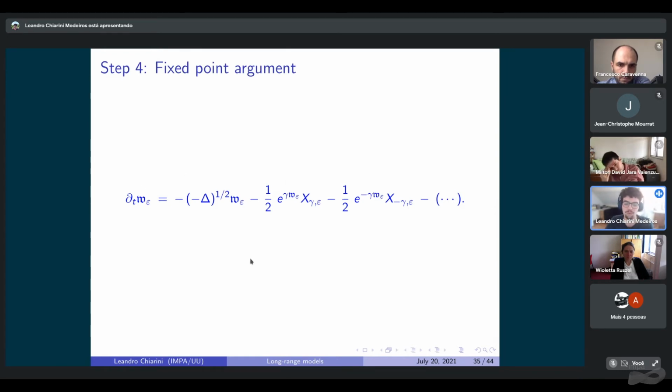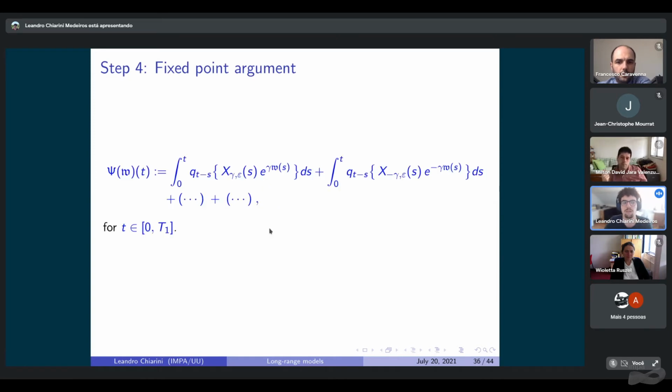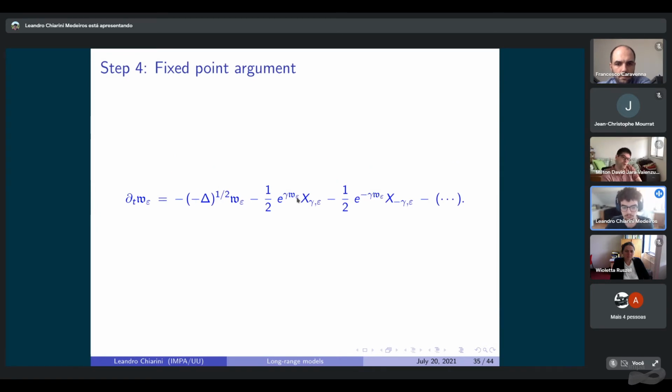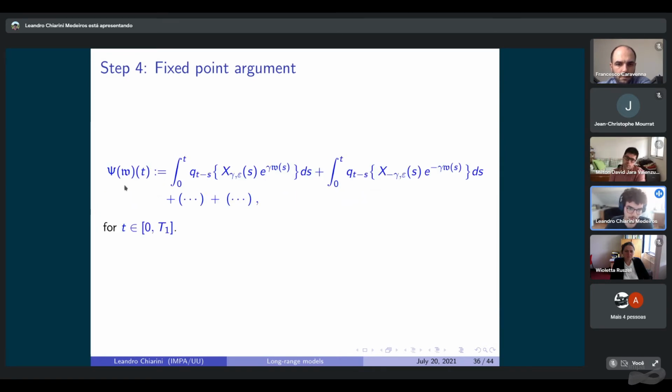We can rephrase this equation in terms of a fixed point kind of argument. So the solution of this equation should be the fixed point of this operator here. And the operator is constituted of the following. First, we exponentiate whatever field we're working with. So we need this field to actually be a function for this to even make sense. Then we multiply by this X gamma epsilon.